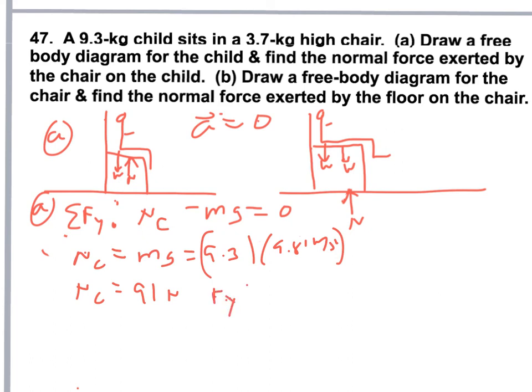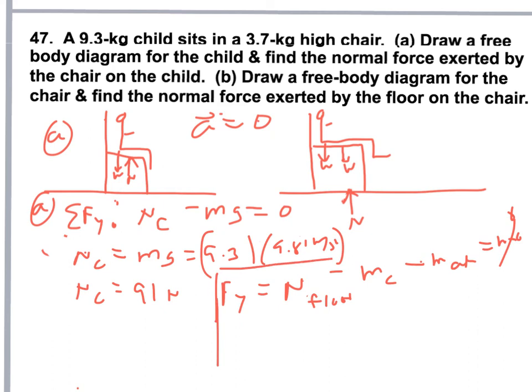F sub y equals the normal for the floor minus the mass of the child minus the mass of the chair, and that equals ma, which equals 0.